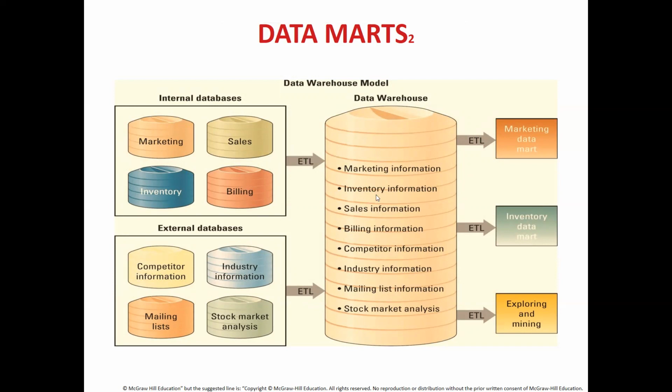In the data warehouse, there are groups. All the data that comes in from the internal database goes into marketing information if it is marketing related. If it's something relating to, let's say, a competitor, it goes into the competitor information group. A single group over there is called a data mart. The data warehouse is divided into groups, and a single group is called a data mart, a subset of the data warehouse.